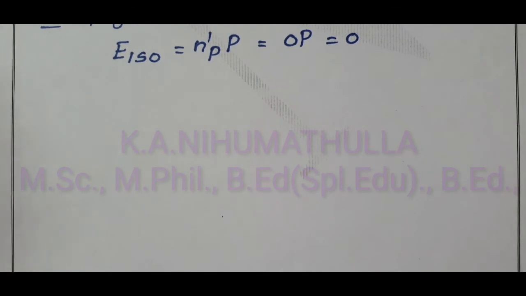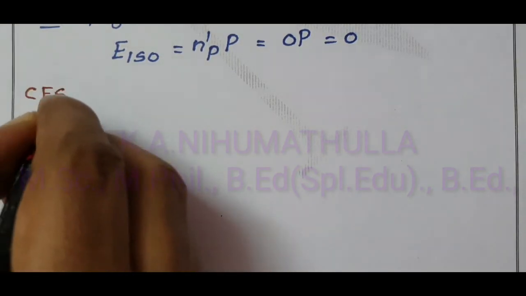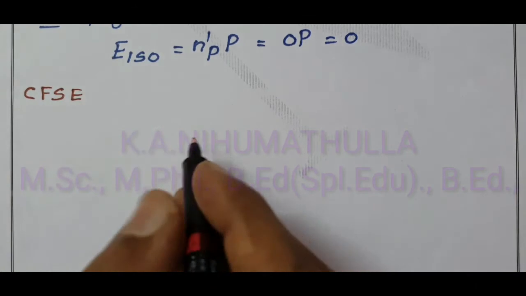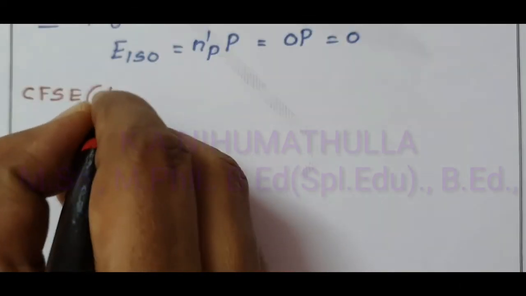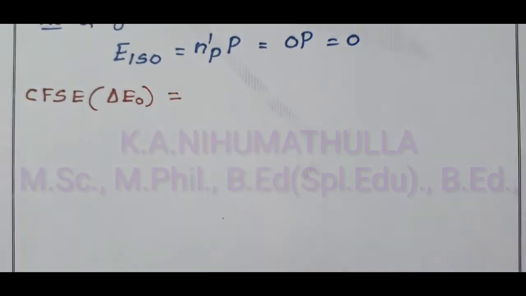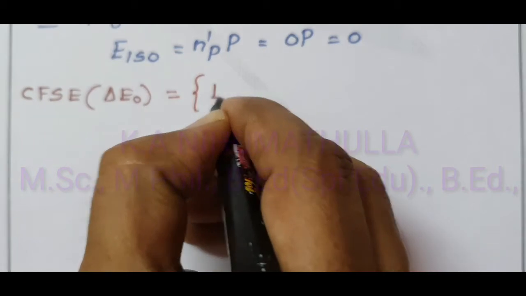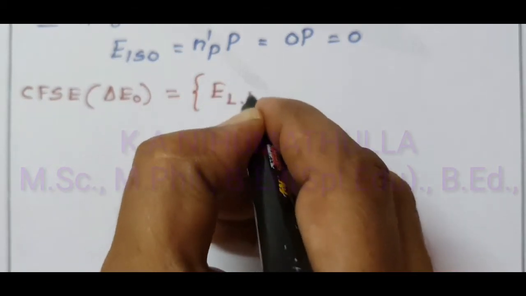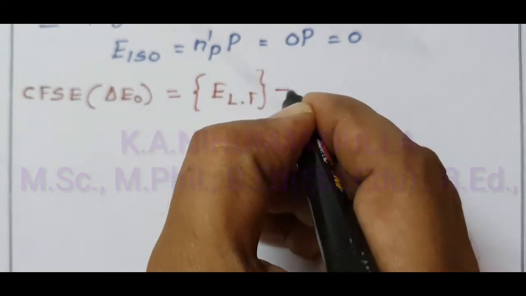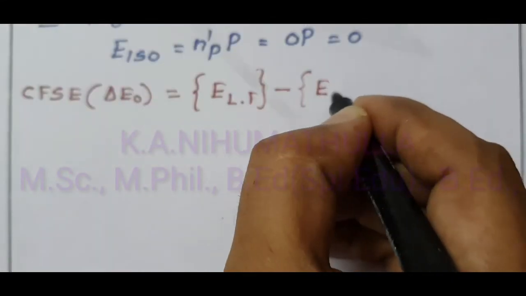Now we are going to calculate the crystal field stabilization energy. What is the formula used to calculate the crystal field stabilization energy, CFSE, symbol delta E O? It is equal to the electronic configuration energy of the ligand field minus the electronic configuration energy of the isotropic field.